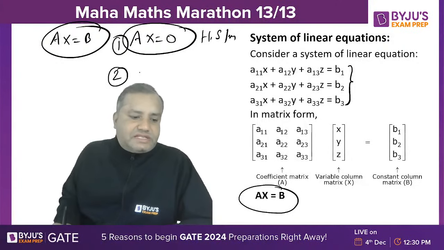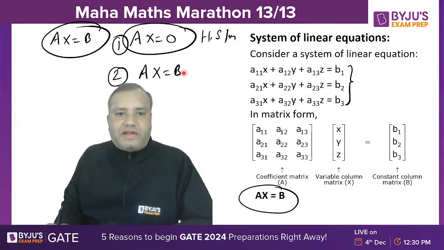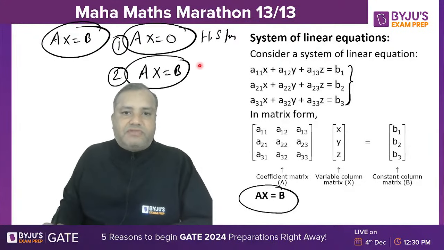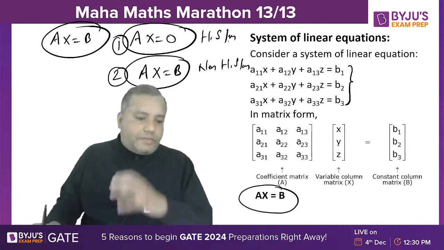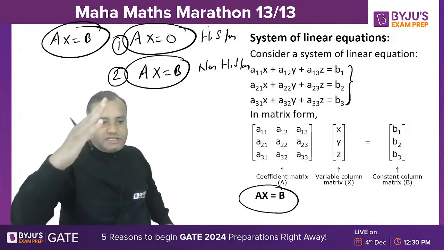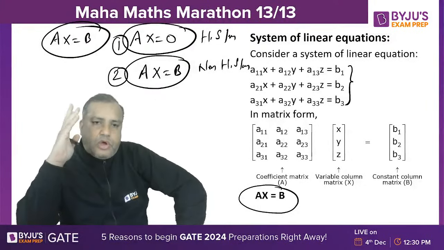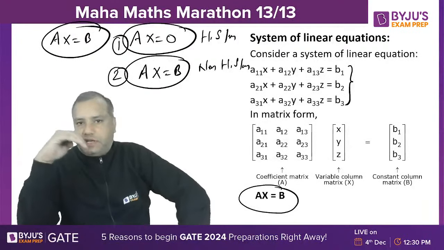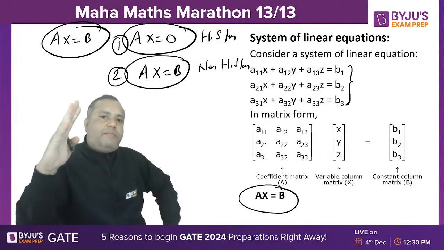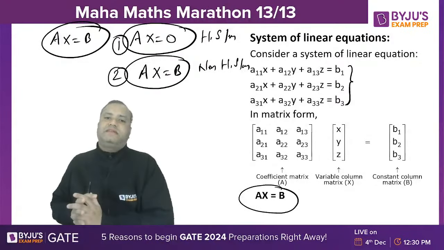If the right hand side is not 0, then you will get a non-zero matrix on the right hand side, and in that case it will be referred to as a non-homogeneous system. So systems of equations can be classified into 2 categories: homogeneous system and non-homogeneous system. Homogeneous system is one in which the right hand side is a null matrix.